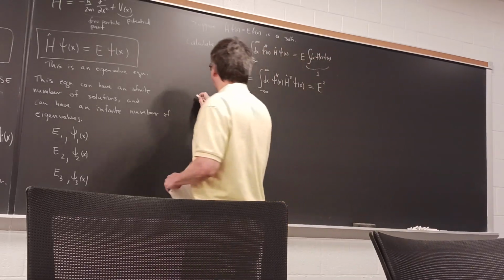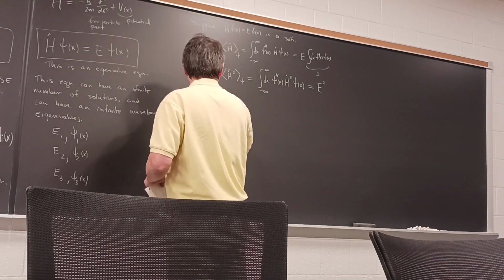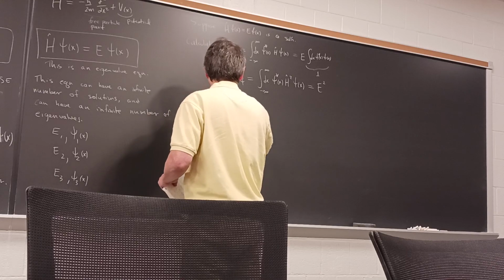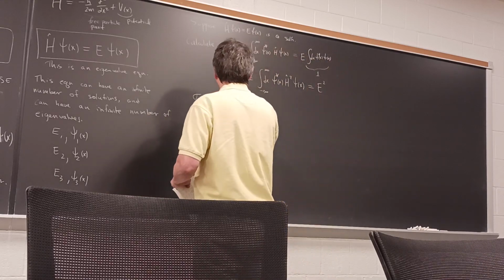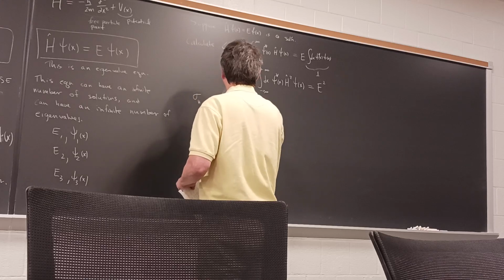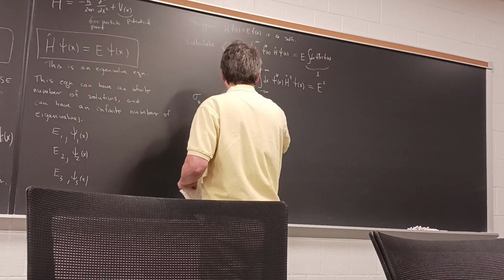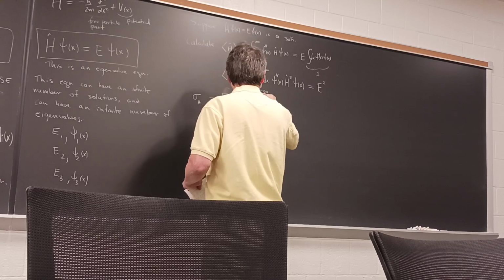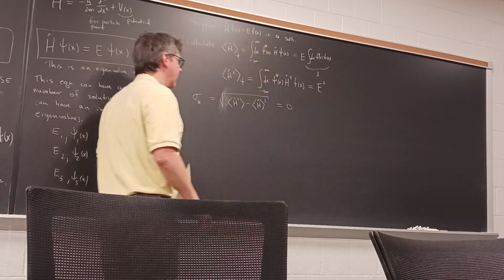So that means the variance of H is 0, because the variance is the square root of the expectation of H squared minus the expectation of H, squared, and that'll just be 0.